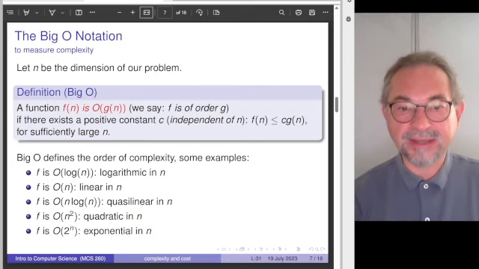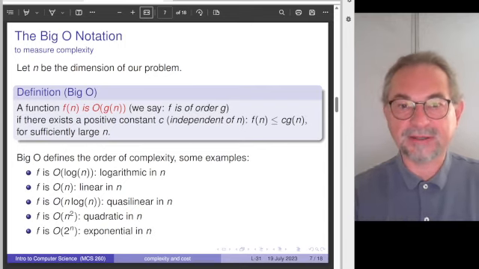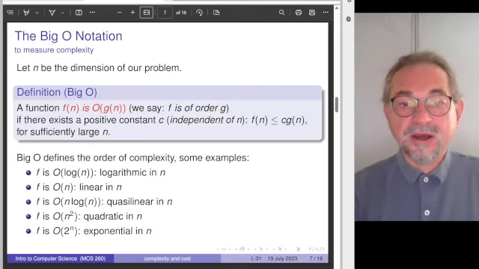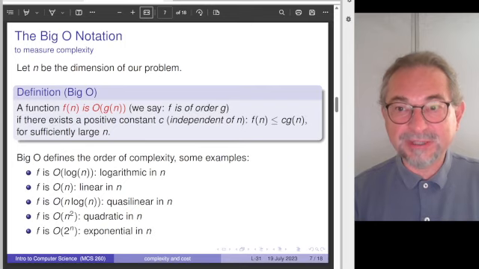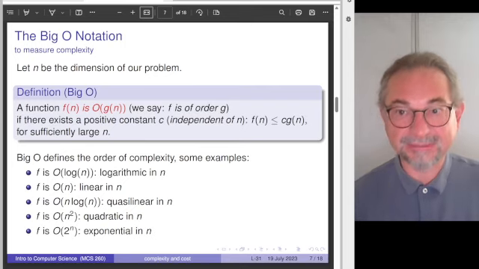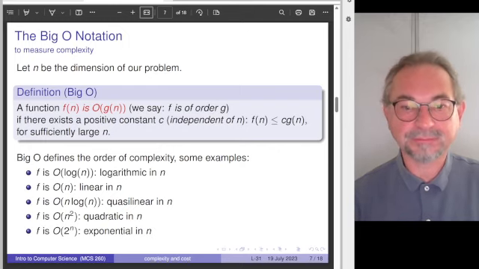So n squared is polynomial; n log n doesn't look like a polynomial, but it is bounded by n squared, so it is bounded by a polynomial cost. Exponential cost: many interesting problems can only be solved when you accept an exponential cost. These are the really hard problems.